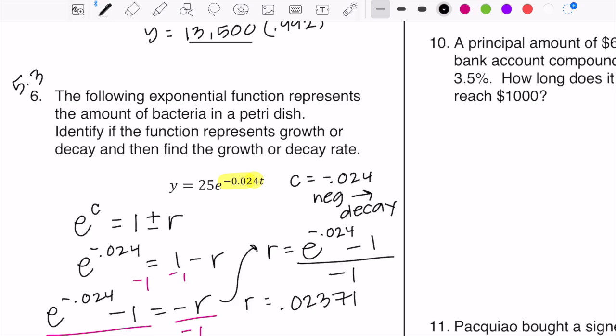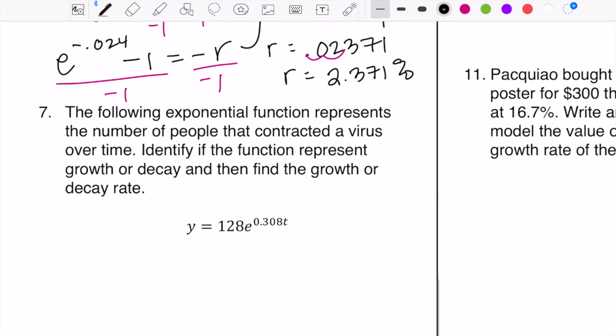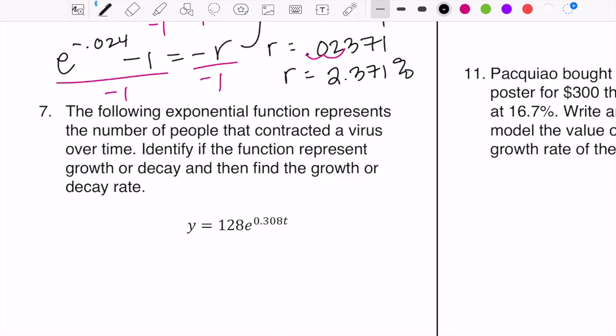And then we just need to convert it to a percentage. So we're now going to move this 2 to the right. So we get r equals 2.371%.